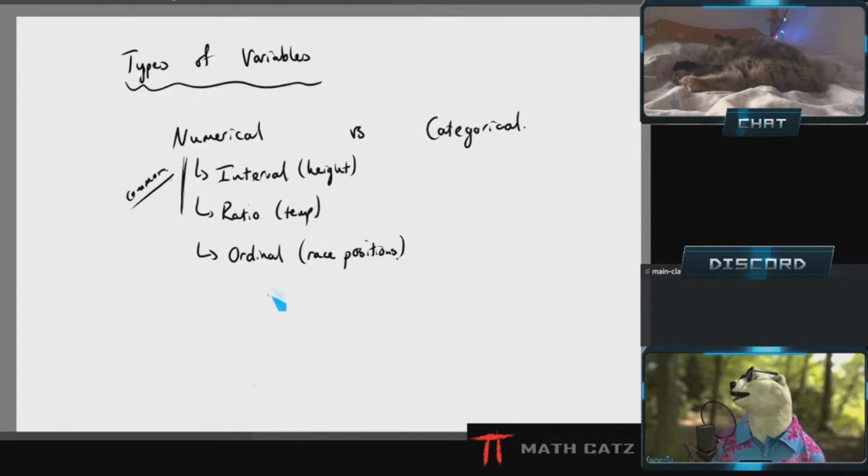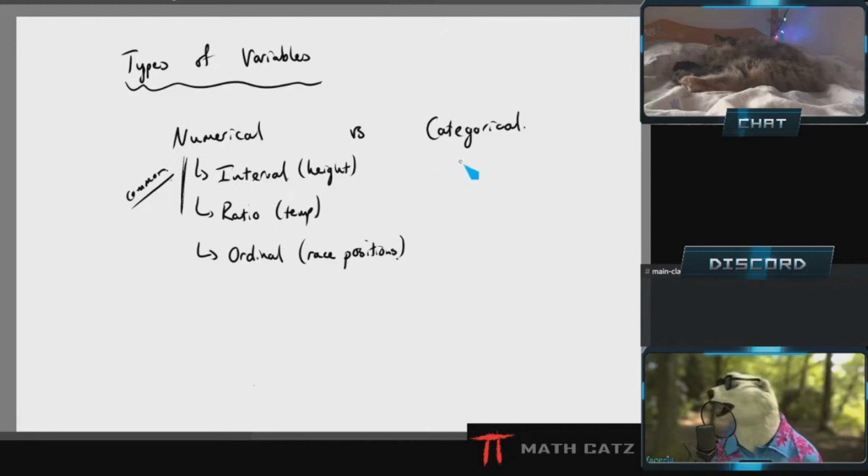There are statistical tests and ways to analyze information that change depending on the type of variable. How I handle race positions is not going to be the same as handling height measurements.